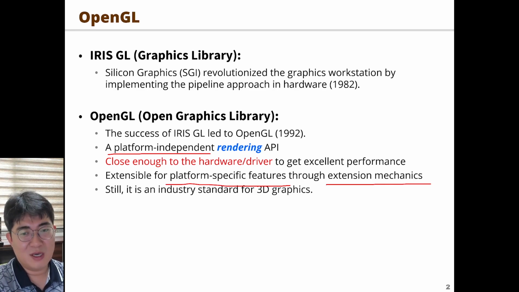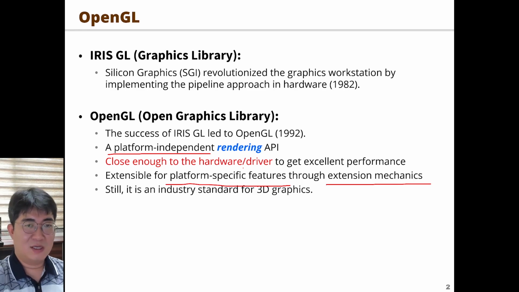Also AMD, and ARM, a vendor for mobile graphics processors, provided their own features through the extension mechanism of OpenGL. Later, when a feature becomes very common and everybody uses it, the standards community called ARB tries to decide whether it can be adopted as a standard or core feature of OpenGL.